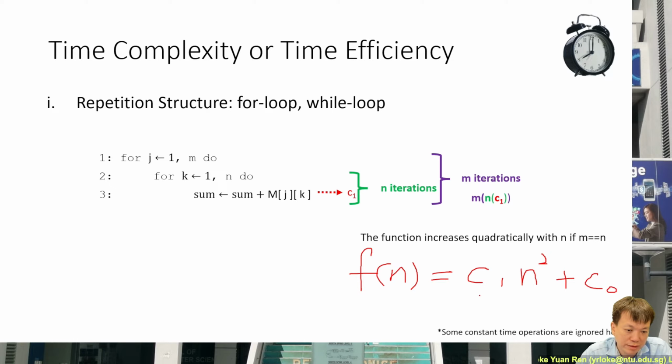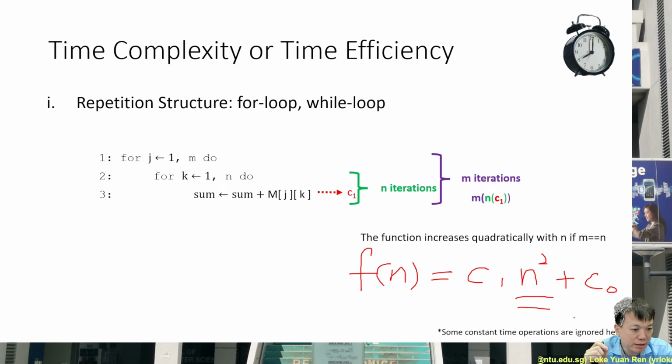Yes, you maybe need to declare the variable sum, you need to declare the 2D variable at the beginning, but it's okay. Overall, the key is n squared, because when my problem size, this array, I increase 10 times, n increases 10 times, the number of rows and number of columns each increase 10 times, then this will increase 100 times.